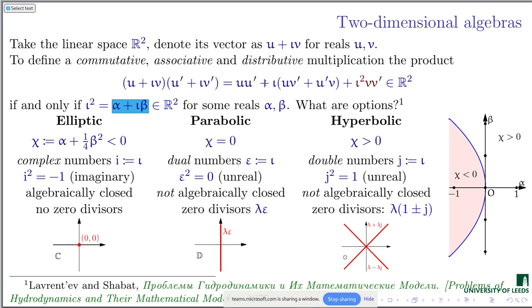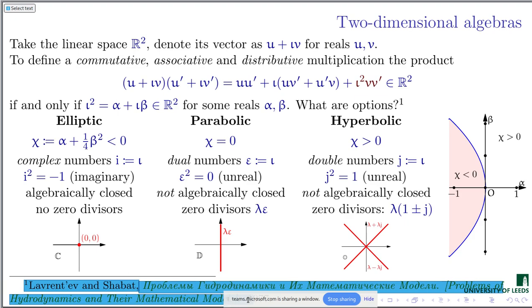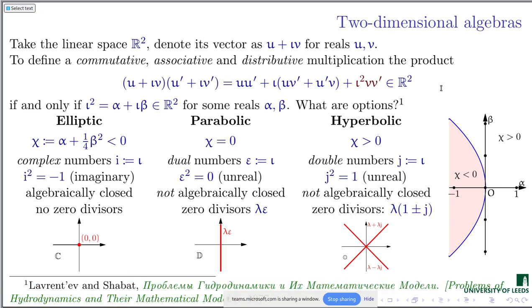What are the possible options? An interesting situation is what I learned from a problem in a book, not on algebra but about some mathematical models for hydrodynamics, so quite an applied book. And the answer is as follows.